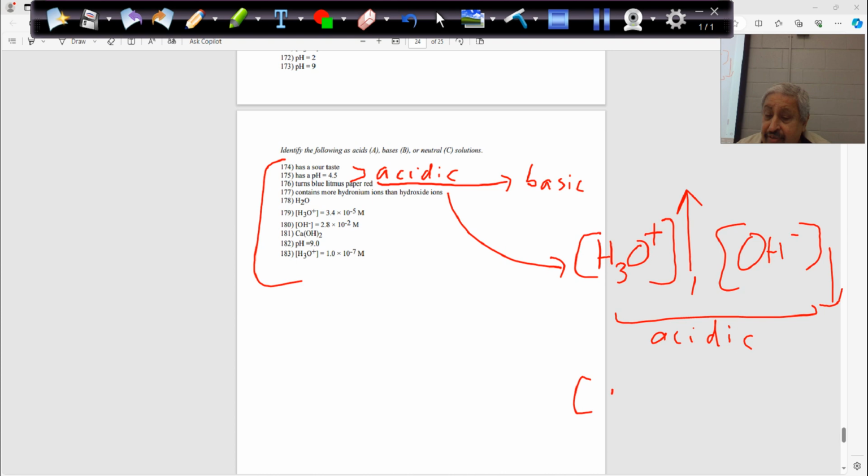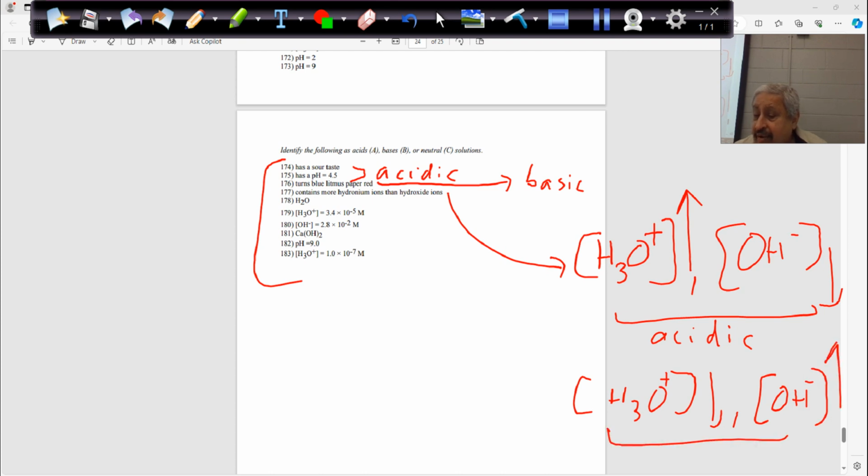Now, if the hydronium ion is lower and the hydroxide concentration is up, that will be basic. So we can recognize the basic solution by the concentration of OH minus, and we can recognize the acidic solution by the hydronium concentration.